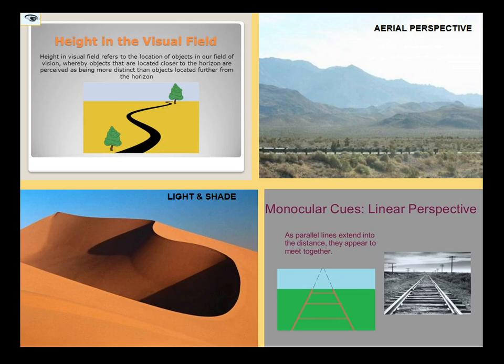Moving on, we have the next monocular cue, which is the linear perspective, which says that distant objects will always appear to be closer together than the nearer objects. We have observed this especially with rail tracks.